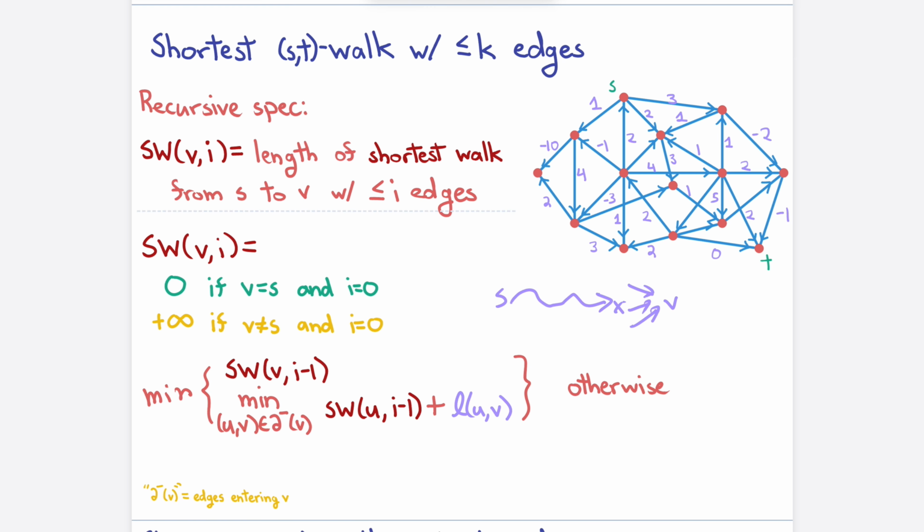If we include it in the base case, if v equals s and i is greater than or equal to 0, then would we not need that?